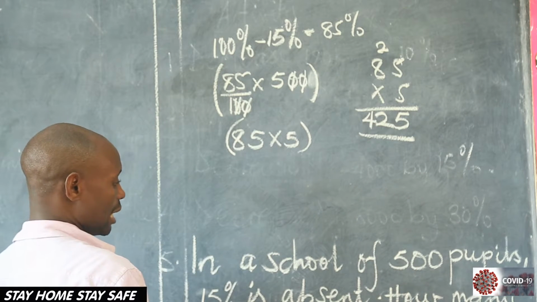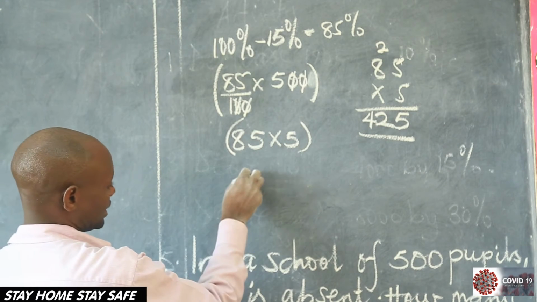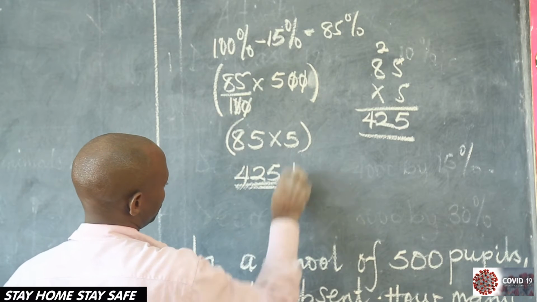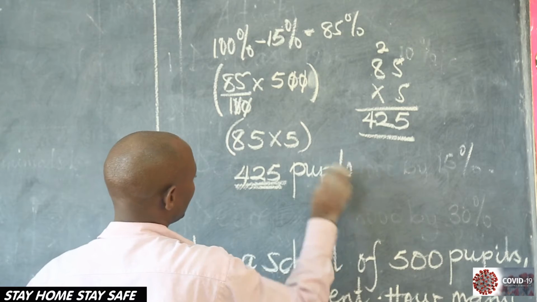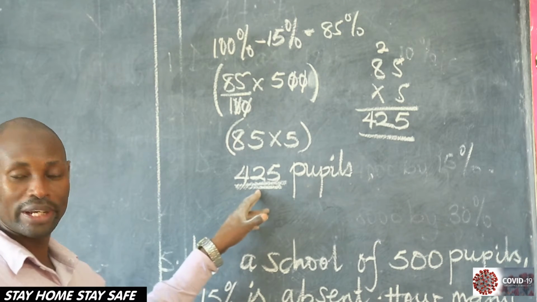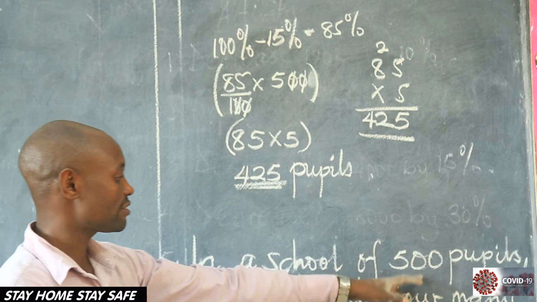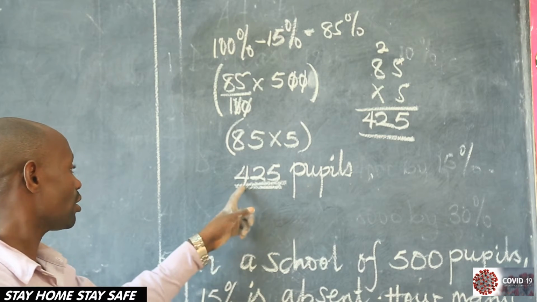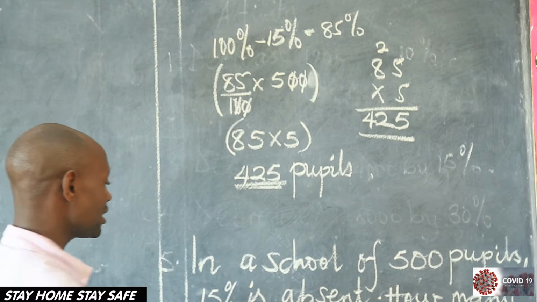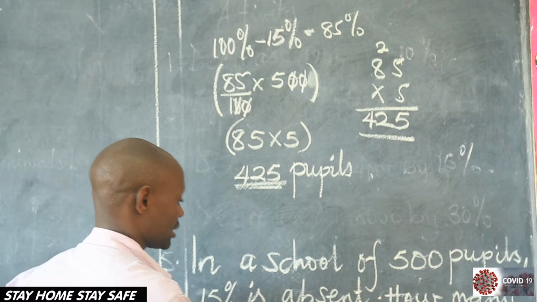So it means the number of pupils that is present is 425 pupils. And when you look at this, you indeed see that not all pupils were present. We had 500 and only 425 are present, so the number reduced.